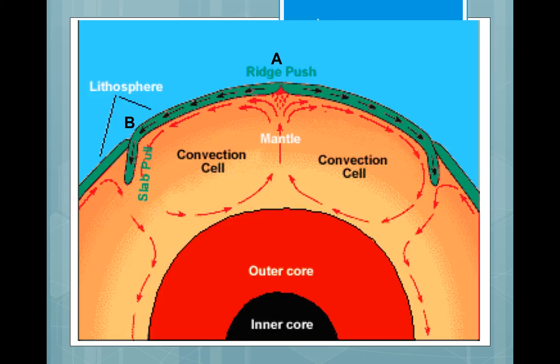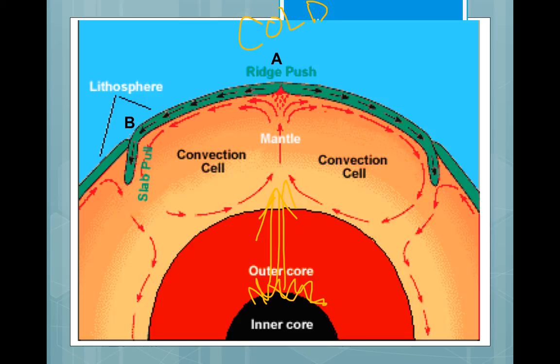So let's take a look at this picture and see what's going on. So you've got your heat, okay, here within the inner core that wants to escape out. Okay, it wants to go where it is colder. So out here it's cold.